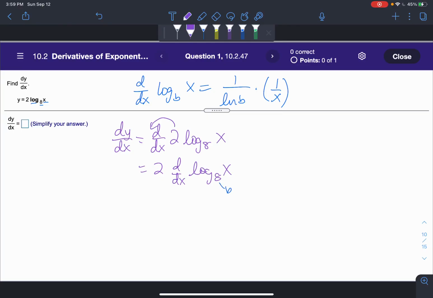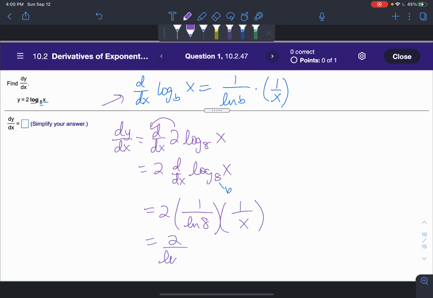So if I use the formula that I just put up here, 2 times 1 over the natural log of our b, which is 8, times 1 over x. And our answer is 2 over natural log, or you can write it this way, 8x natural log 8. I just put the x in front because it's a variable. Okay, so that is your answer for this question.